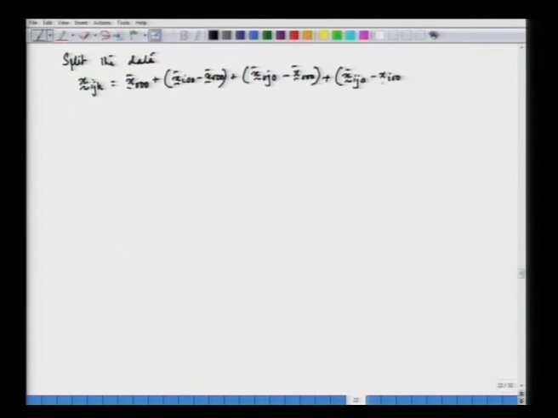So, gamma ij naught, gamma i naught naught bar minus gamma naught j naught bar, and I also put the overall sample mean, so that what remains is x ijk minus x ij naught. So, we proceed with the calculation of the sum of squares and cross product matrix decomposition.